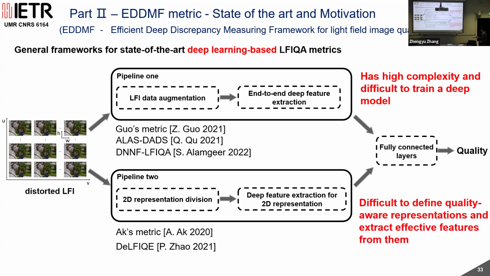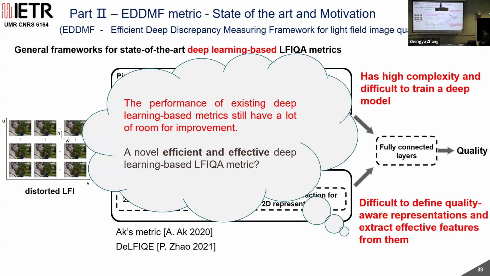It is very difficult to define the quality-aware representations, and it is also difficult to extract effective features from them. Due to these difficulties, the performance of the existing deep learning-based metrics still has a lot of room for improvement. This also motivates us to propose a novel, efficient, but effective deep learning-based metric.